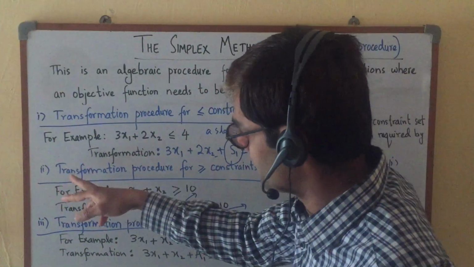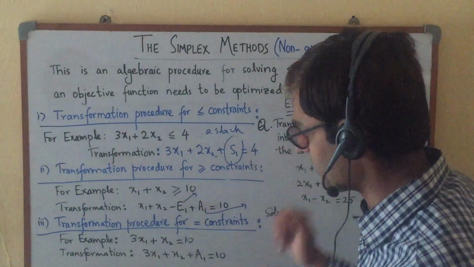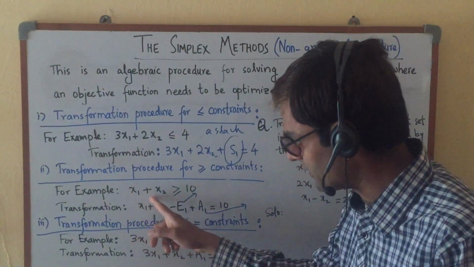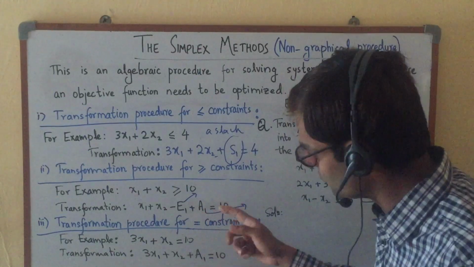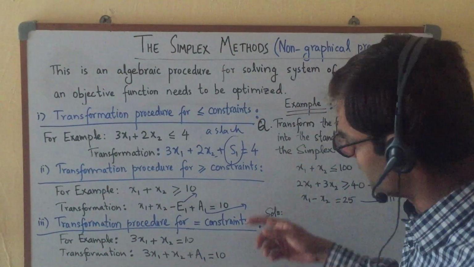The second transformation procedure is for greater than or equal to constraints. You have a constraint equation x1 plus x2 greater than or equal to 10. You add two variables, then it will be transformed.